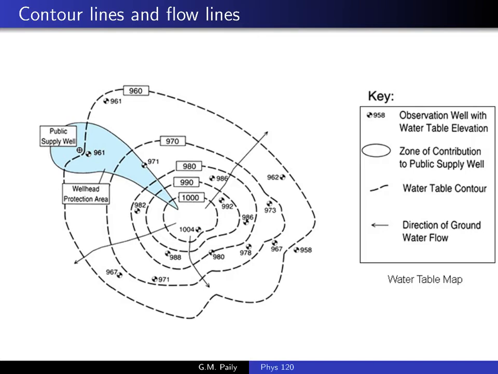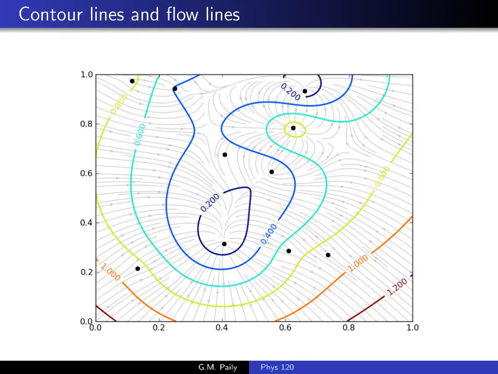Here, the water flows from higher elevation to lower elevation, and the flow lines are always perpendicular to the contour lines. Here is another example of contour lines and flow lines. Once again, if you look closely, you will see that the flow lines go from higher values to lower values. And we also see that the flow lines are always perpendicular to the contour lines.